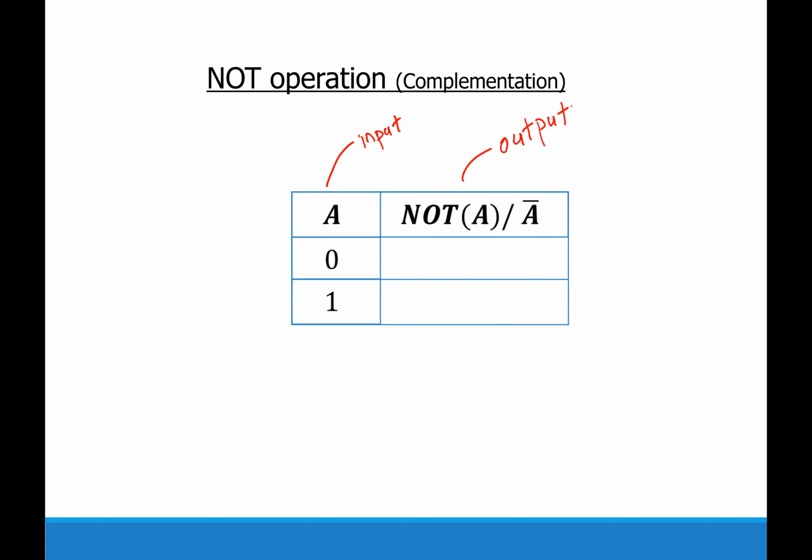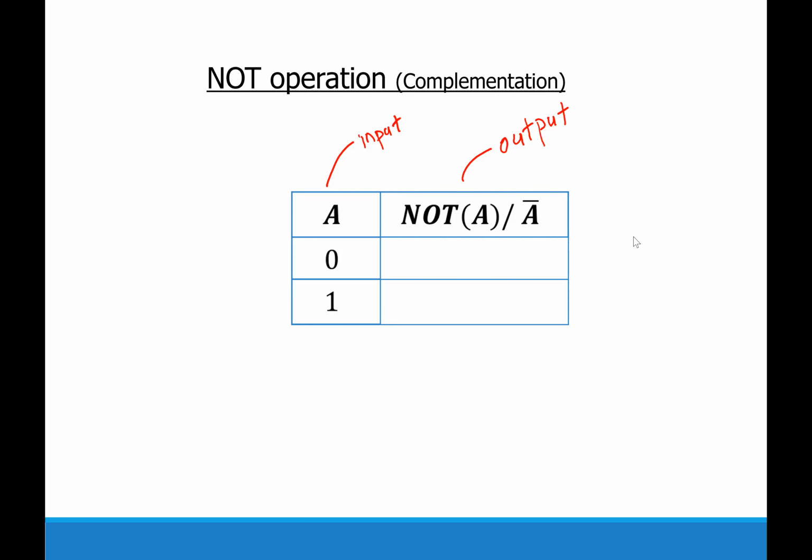So remember that when we design a truth table, always we need to represent all possible input combinations, okay? So here you can see we have only one variable, and also we know that A takes 2 values. There are 2 possible inputs, A is equal to 0 and A is equal to 1. So here we need to represent all input combinations.